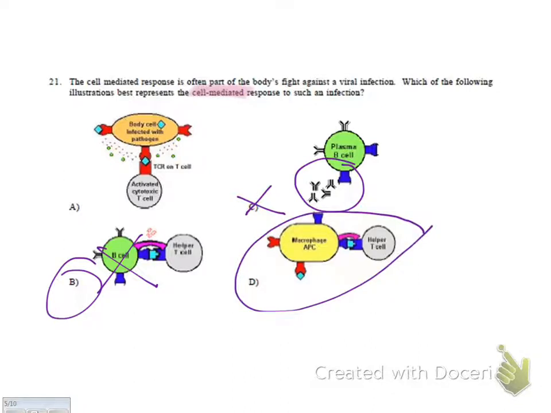I believe that's cell-to-cell communication because that's probably the MHC2 and that's probably the CD4 on the helper T cell. But the best answer for cell-mediated response is going to be the A. And that's going to be the cytotoxic T cell releasing the perforin to kill.